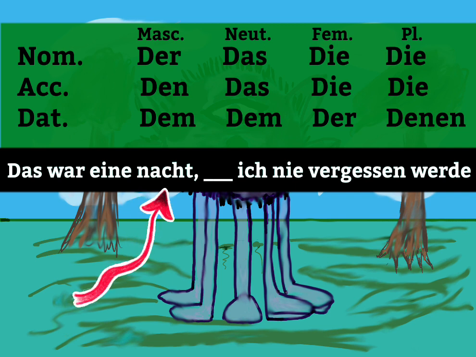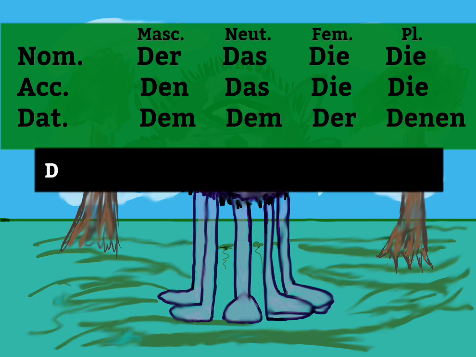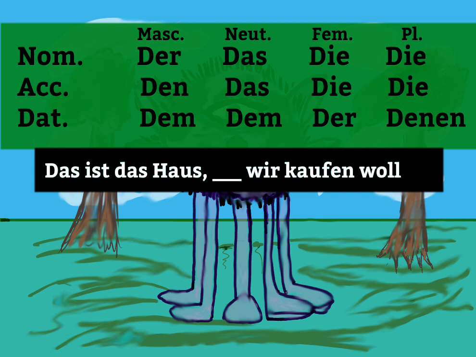So in this case, die Nacht is now going to be used in the accusative case. Lucky for us, it doesn't change. So we would say, das war eine Nacht, die ich nie vergessen werde. A second example is, das ist das Haus, blank, wir kaufen wollten.